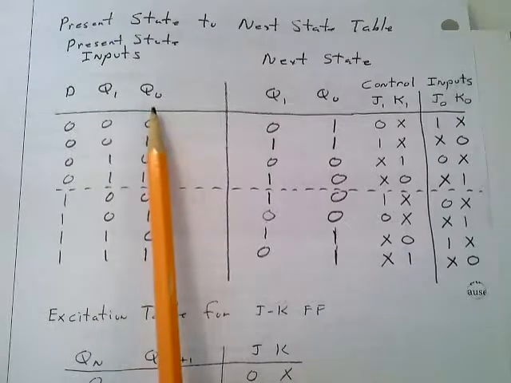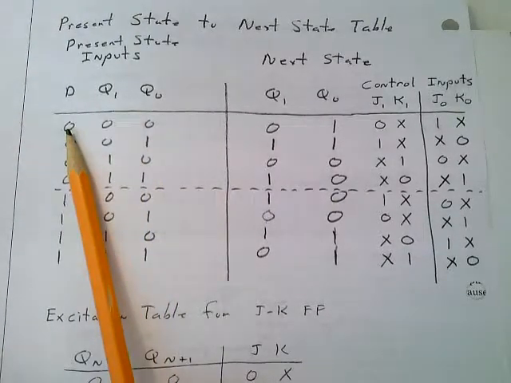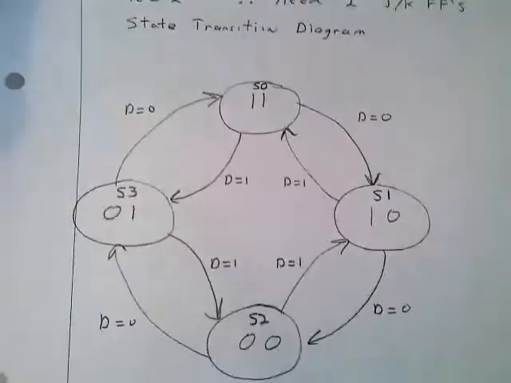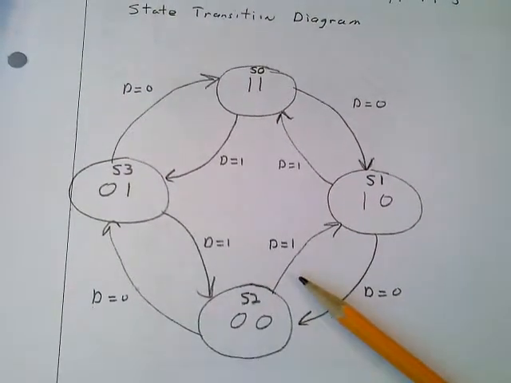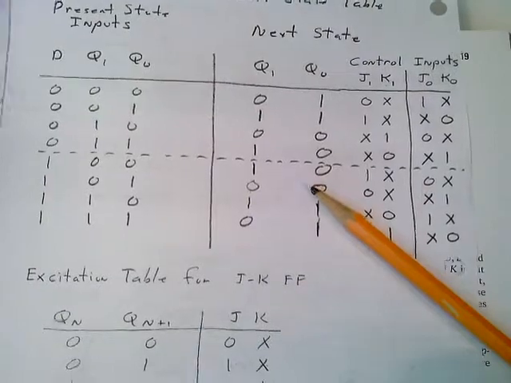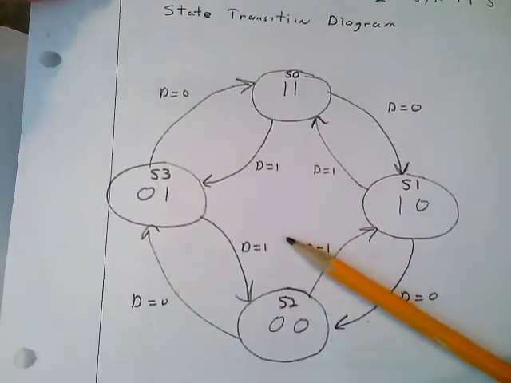And notice we're just looking at if the direction input is 0, you have to be looking the whole time here, you have to be looking at your state transition diagram, because you build the present state to next state tables off of the state transition diagram.